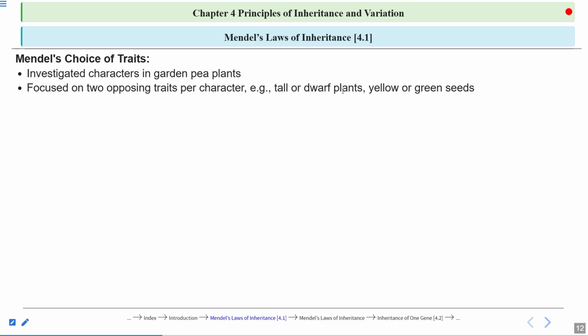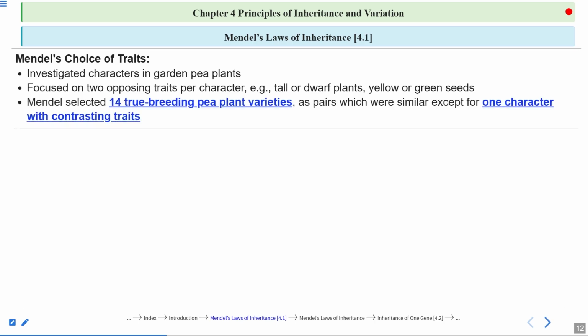For example, if you take height as a character, the plants were tall or they were dwarf. If you take color of the seeds, they were yellow or green. So you can see here, these are 2 contrasting traits of a particular character. These are 2 phenotypes, yellow and green, tall and dwarf, of a single character. So Mendel focused on 2 opposing phenotypes per character.